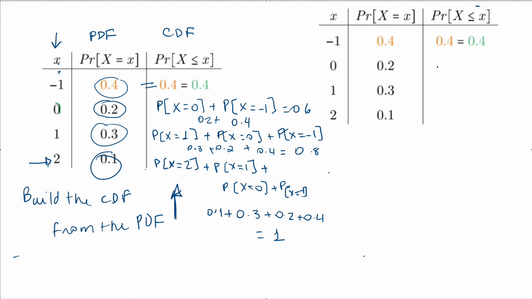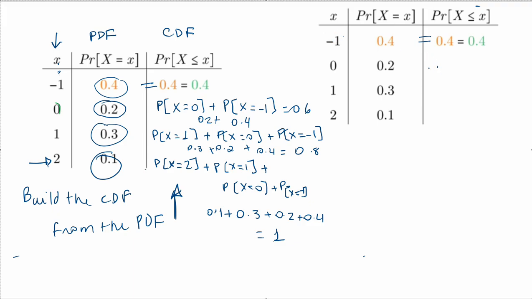So pay attention here, because this is what you're going to have to do in the test. If you have a PDF and you want to find the CDF, the first line is equal, okay? Why? Because there's nothing less than minus 1.